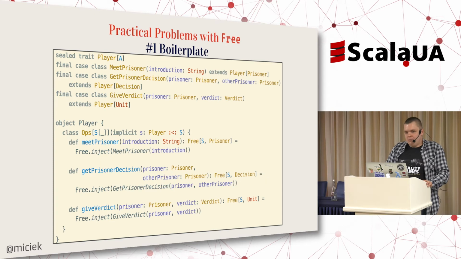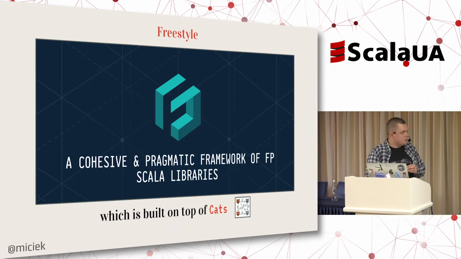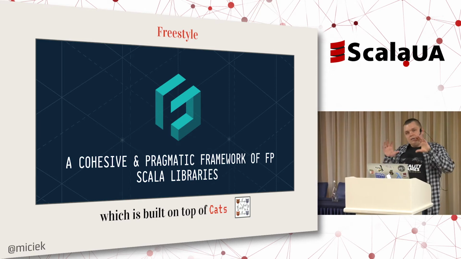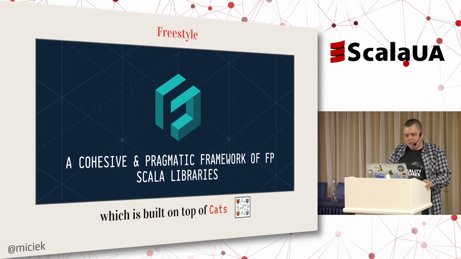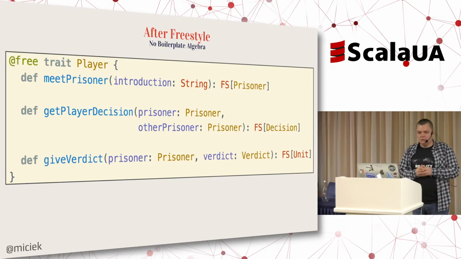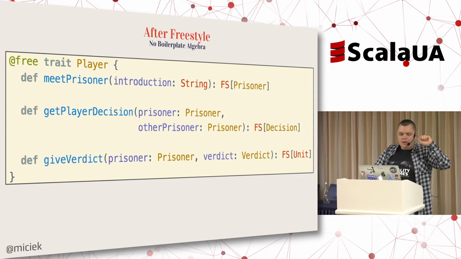And the boilerplate problem that I didn't want you to be concerned about is something that can be quickly dealt with using this Freestyle library, which uses cats free, but provides a nicer encoding to that, because this is how it looks using Freestyle. So we are just having this at free rate, and we describe those free operations as defs.